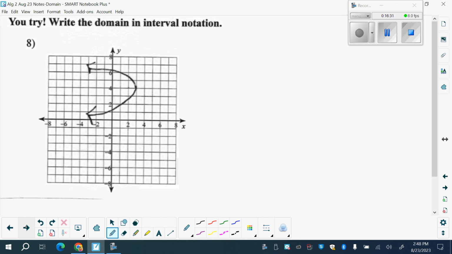Do we need one more before we do this? Okay, let me do one more. Okay, so we're going to write this in interval notation.